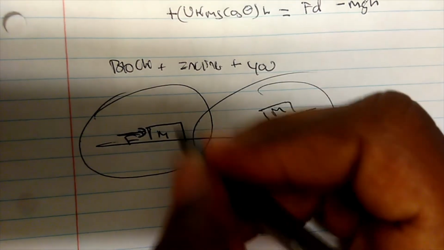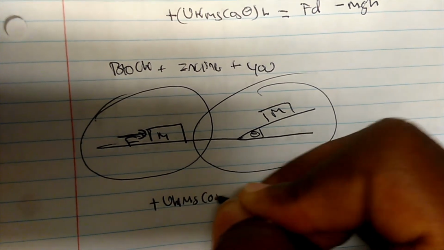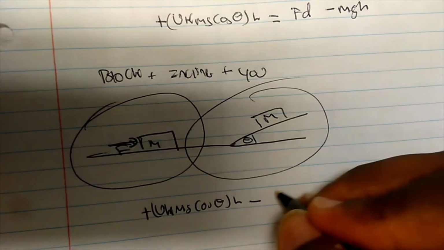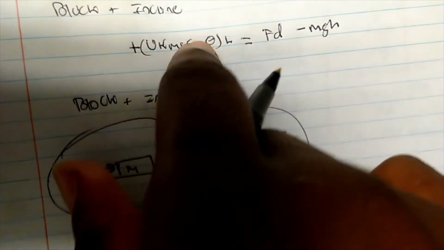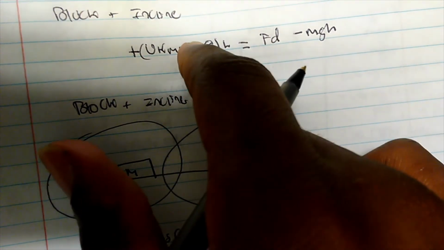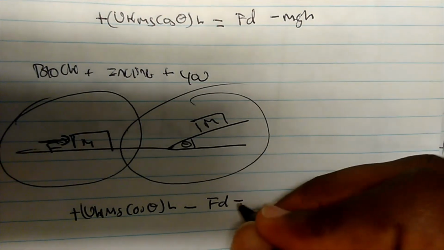And so this becomes plus mu sub k mg cosine of theta L minus Fd, because we've got to bring the force over and we subtract it over inside to signify that now it's internal.